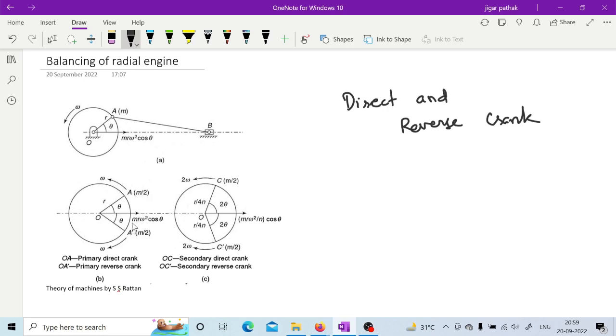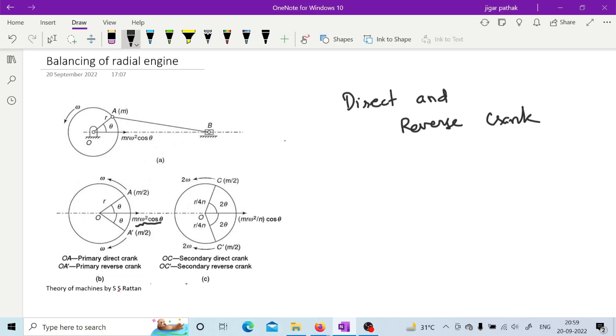So this is how at all points of time you will have mr omega square cos theta as your component along the horizontal direction, and the vertical direction component will be nullified because they are both moving in opposite directions to each other. Same is true for the secondary crank also. Here there are the primary direct crank, secondary direct crank, primary reverse crank, and secondary reverse crank. So this way you can have balancing of the radial engine, in which you will use the direct and reverse crank method.